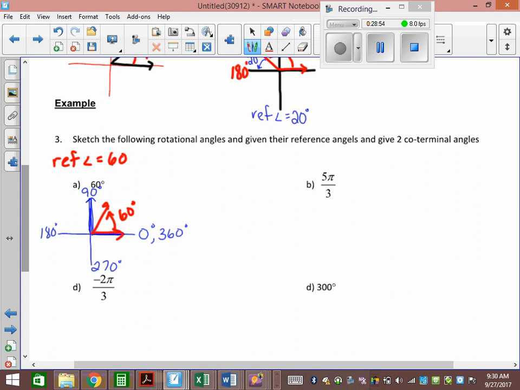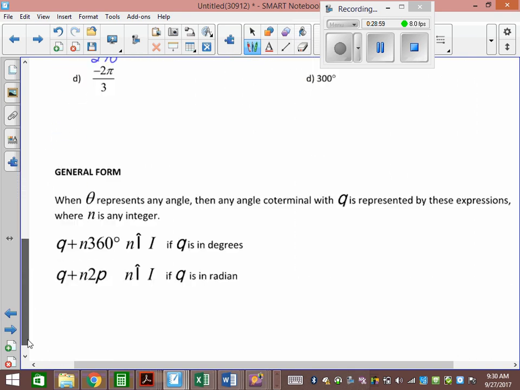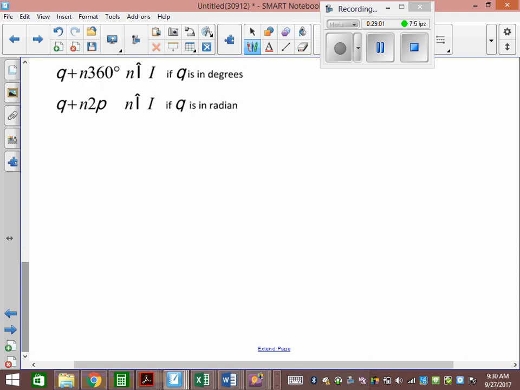I'm going to do this way down here, so bear with me. Just pay attention. You don't need to draw this. So I have a 60-degree reference angle and a 60-degree angle, right? Coterminal means it terminates on the same arm. So how could I find another angle that would end up on that exact same arm?